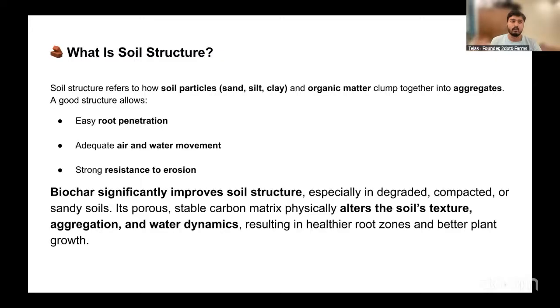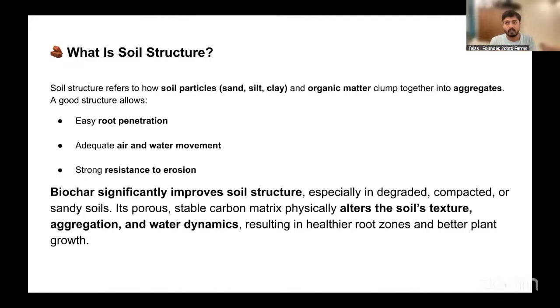Imagine biochar being put in a sandy soil, a desert soil where water would not stay for a long time. Biochar can now hold on to that water and attract microbes, creating sticky, gooey places where soil structure changes.